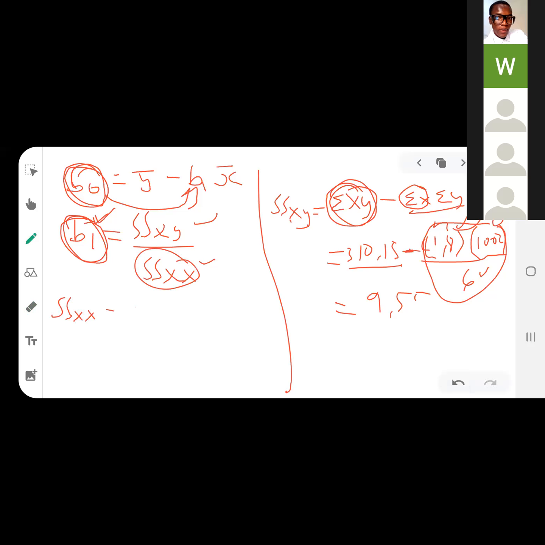SSXX is given by the sum of x squared minus the sum of x all squared divided by the value of n. You go to the calculator, you press shift, you press 1, you press 3, and then the sum of x squared is option number 1, and then you give me the answer. What is the answer?